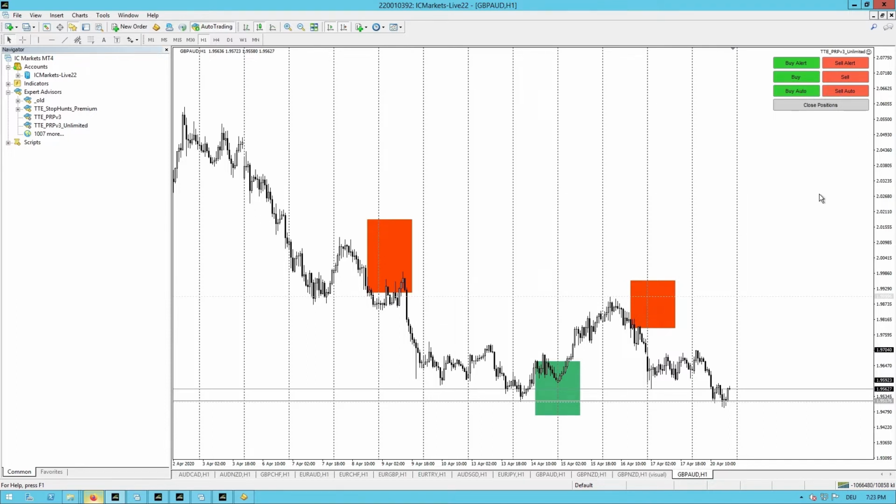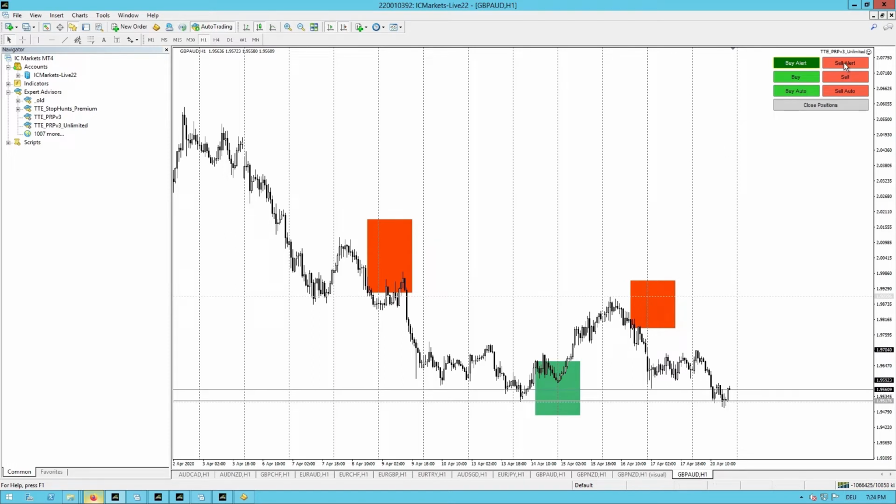In the first place, I'm not going to take any instant orders right now, which would be the buy and sell button, because I'm on my live account and I don't want to put in an order right now. But what I can show you for now is that when you press a buy alert, it will highlight, and on the next long signal, you will receive a push notification or pop-up or whatever.